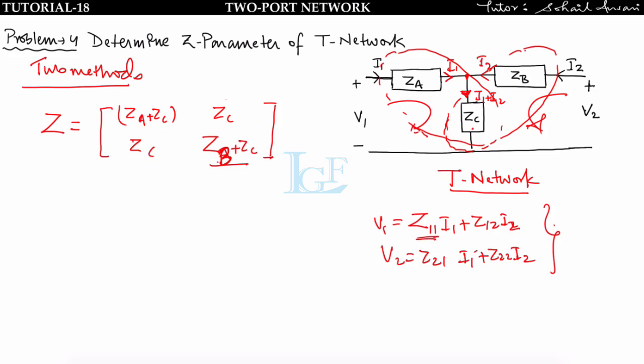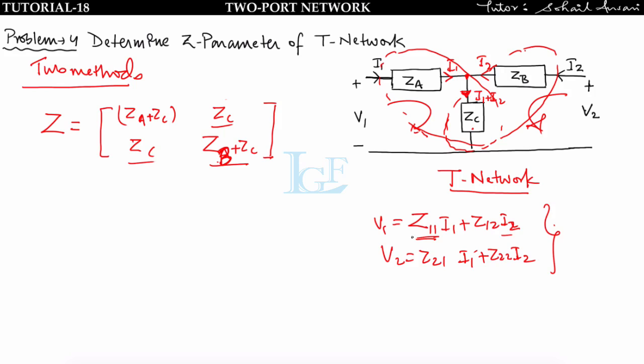Why open circuit? If we open circuit the V2 terminal, then I2 will be 0, so Z11 is V1 upon I1, the open circuit input impedance. Similarly, Z22 is the open circuit output impedance, equal to ZB plus ZC, and Z12 and Z21 are the same, equal to ZC. Remember this, it will help you while deriving complex networks.